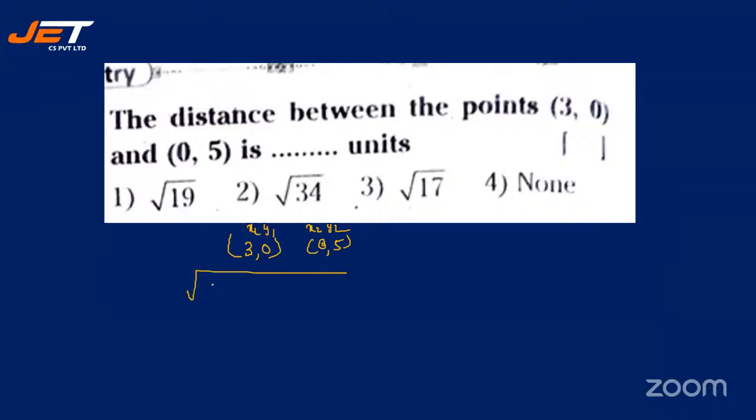Root of x2 minus x1 the whole square plus y2 minus y1 the whole square. So 5 5s are 25 plus 9. So root 34. So your answer must be option 2.